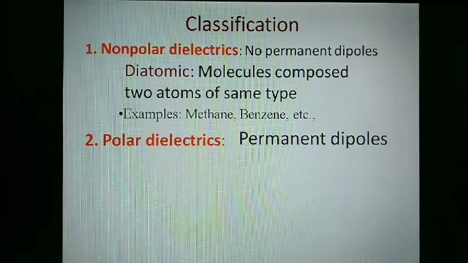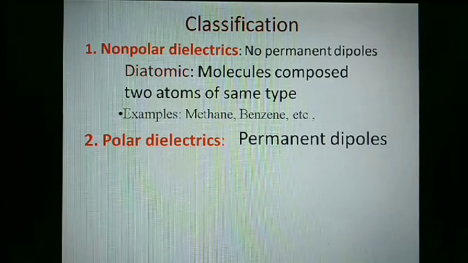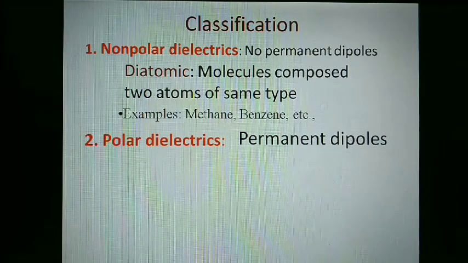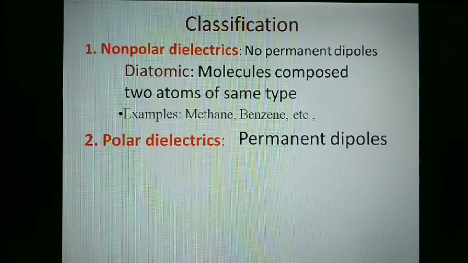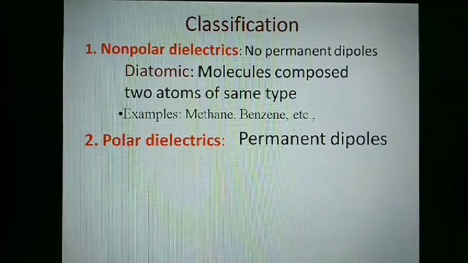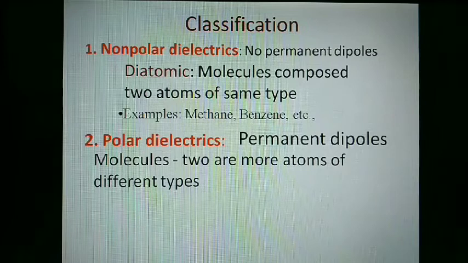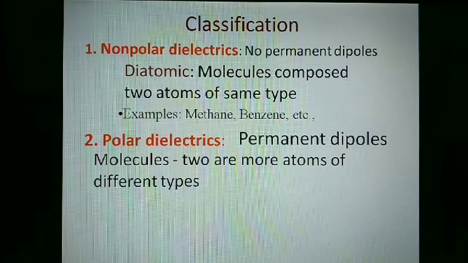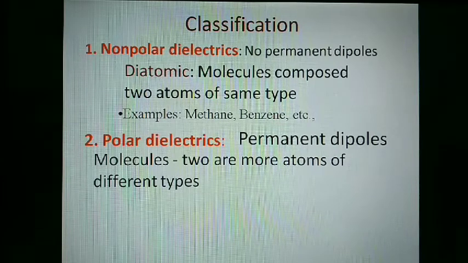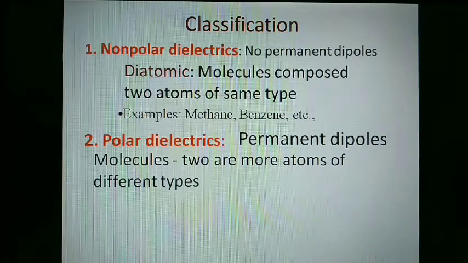While discussing the types of polarization mechanisms, I will tell you how the polar dielectric materials will be polarized. So polar dielectric materials have the permanent dipoles. Usually the materials having molecules with two or more atoms of different types will show this property.